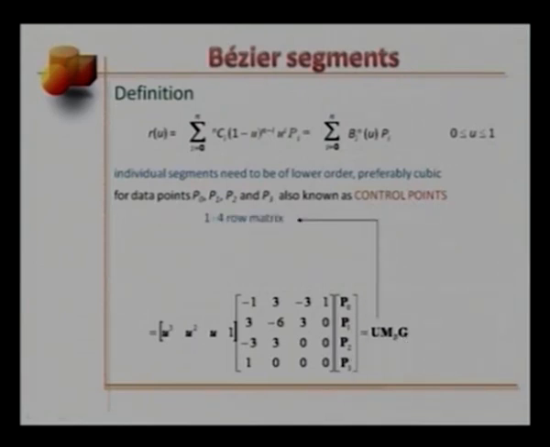To reiterate, U is a 1 by 4 row matrix, M sub B is a 4 by 4 Bezier matrix, and G is a 4 by 3 geometric matrix. Recall that in the case of cubic Ferguson curves, this geometric matrix had information pertaining to the two endpoints and the two end slopes.